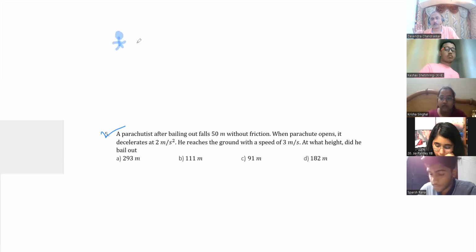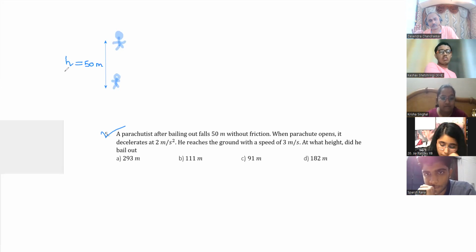So he falls 50 meters without friction, there is no air resistance and all. So this is the height. I am just collating the data. I am using the same steps which you will be using, right? 50 meters, H1. When the parachute opens, it decelerates at 2 meters per second square. So here the parachute opens up.